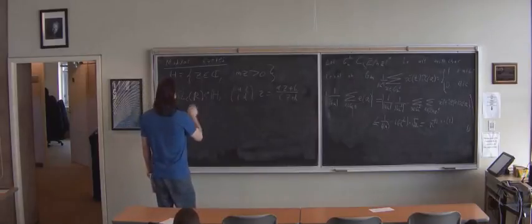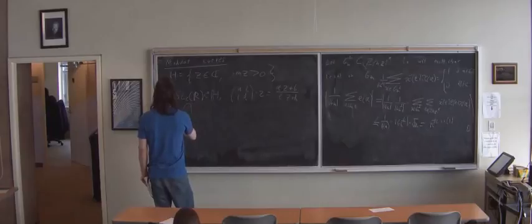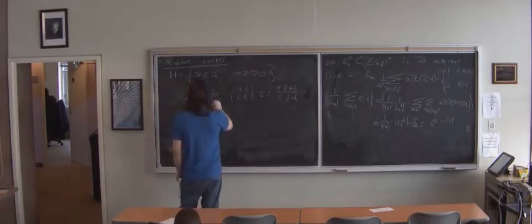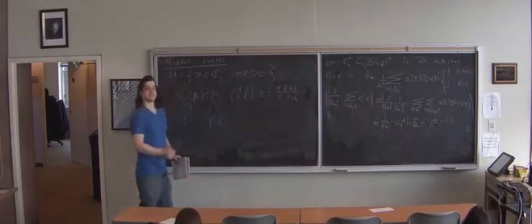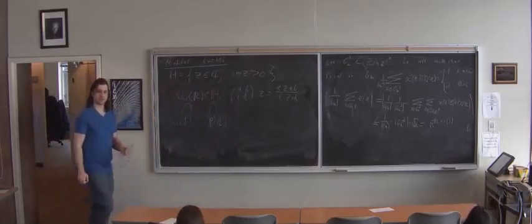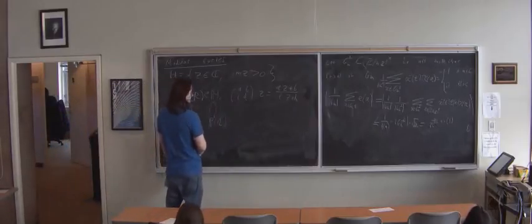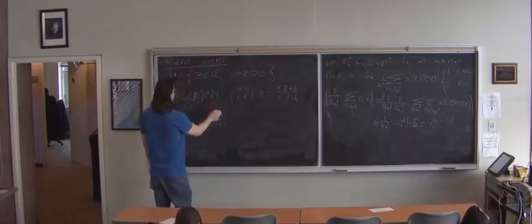And so one nice way to think of this action is you can think of SO2R as sitting inside SO2C, and you can think of the upper half plane as sitting in the projective line. These are both under the natural inclusion.